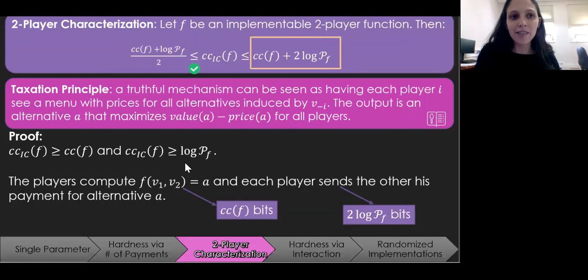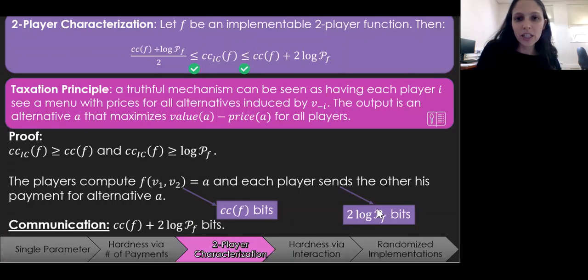And since the price of each player is determined by the alternative and the value of the other player, as we said in the taxation principle, each player knows the price of the other player. So they can just send it to each other using log of the number of prices bits. Okay, so we're done with proving the characterization.